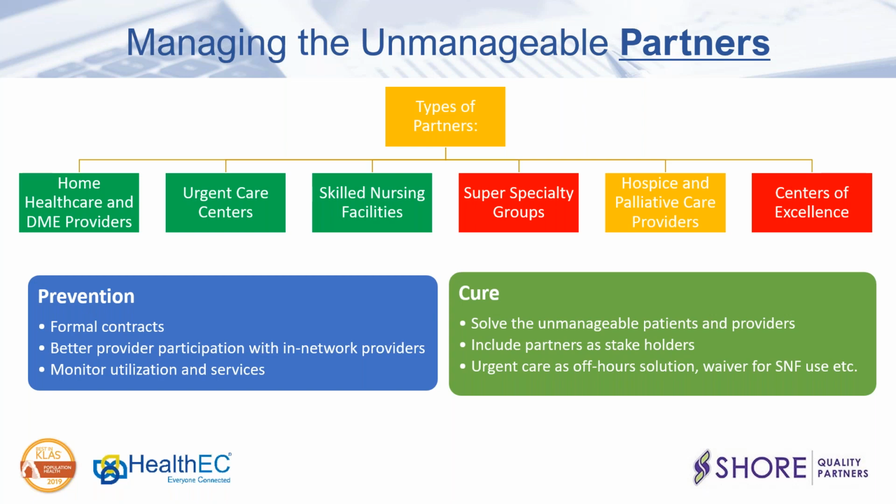A lot of these super specialty groups have developed central scheduling, which is really helpful, because you can then have a conversation with their leadership about navigators, tagging patients with primaries, and making sure that patients come back to that particular primary, and if there has to be a procedure, it gets done at that primary care's designated preferred facilities.